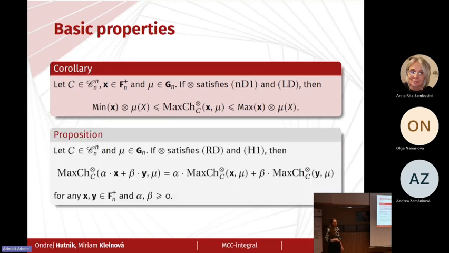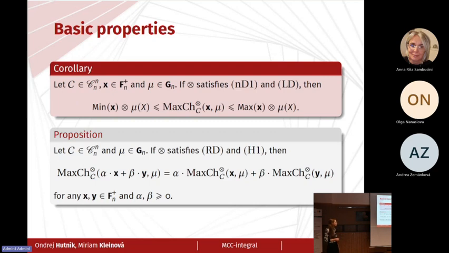In my opinion, the most interesting property of the MCC integral is the linearity, which holds under the assumption of right distributivity and homogeneity in the first coordinate. We should say that if we consider the operation to be a product and the chain C rearranges the input vector in a non-increasing way, we have on this side a Choquet integral.